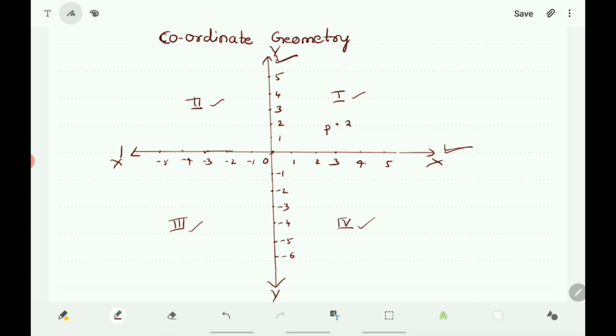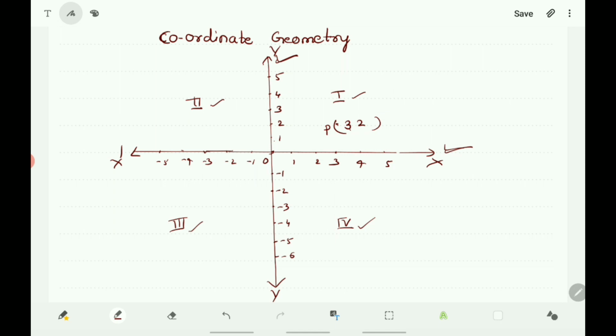This is called the x-coordinate or abscissa, and the distance of the point from the x-axis, here 1, 2, is called y-coordinate or ordinate. Here the distance of the point from the y-axis is 3 and distance of the point from the x-axis is 2. So 3, 2 is the coordinates of the point P.